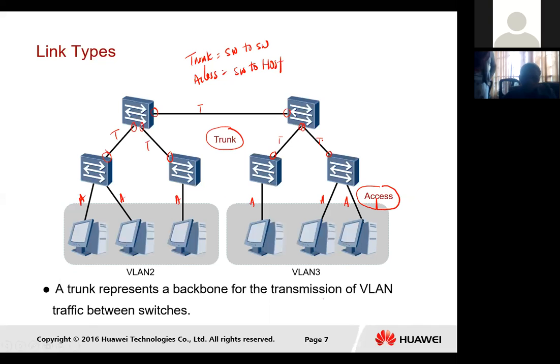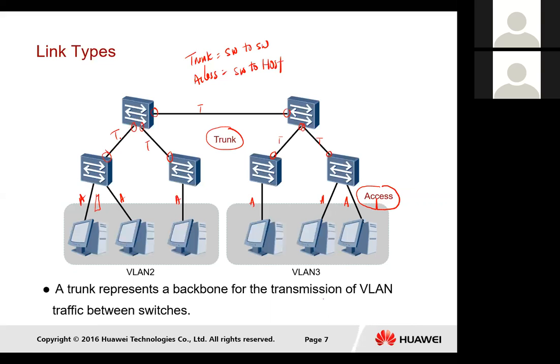All right. So when you send traffic across, when a frame is sent out from the PC and the switch receives it, it performs the tagging based on your PVID, and it also does tagging between the two switches.